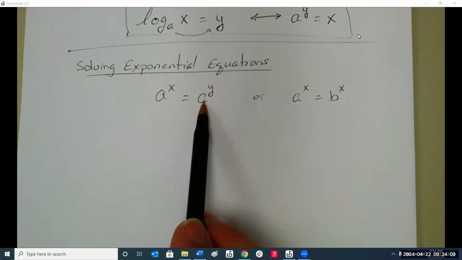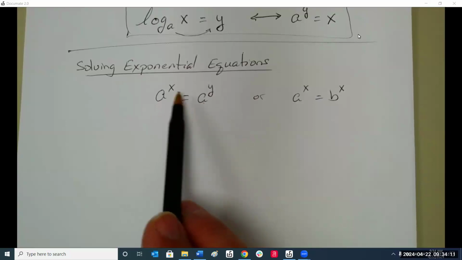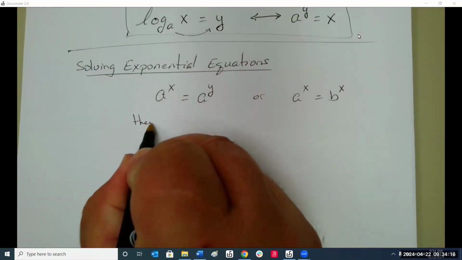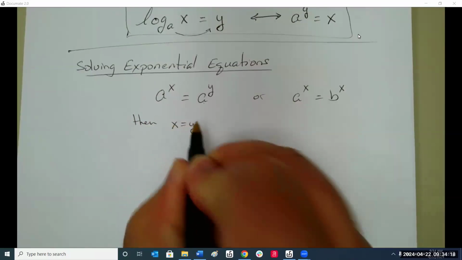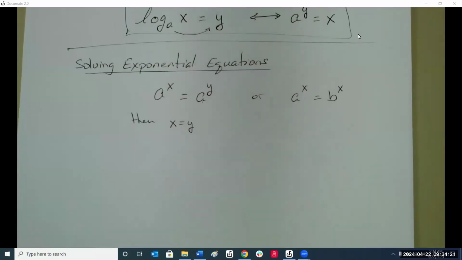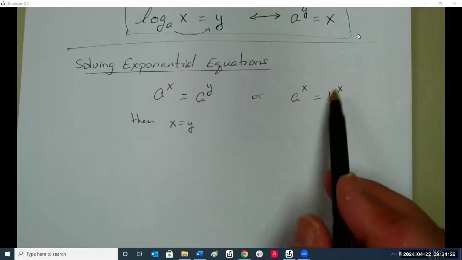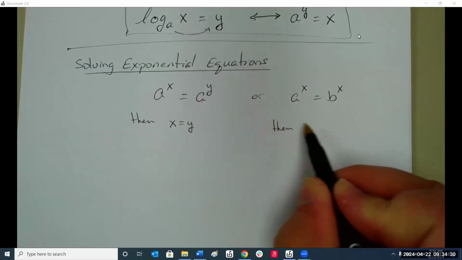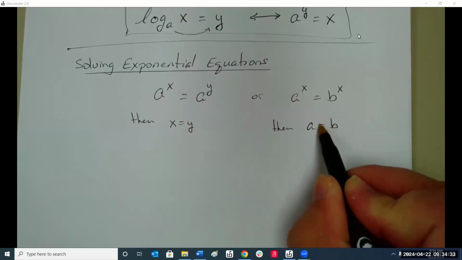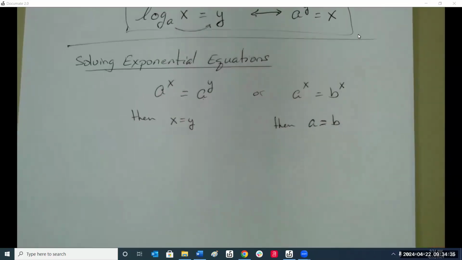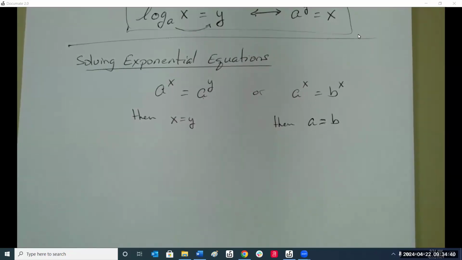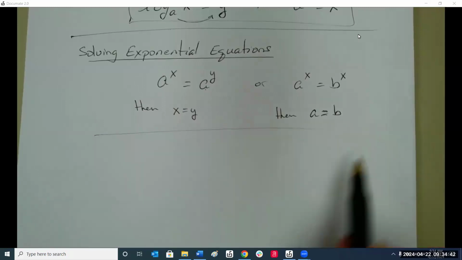If the bases are the same, the only way they could be true is if the exponents are the same. And if you have 2 exponential equations and the exponents are the same, then the bases have to be the same. So let's look at some examples here.